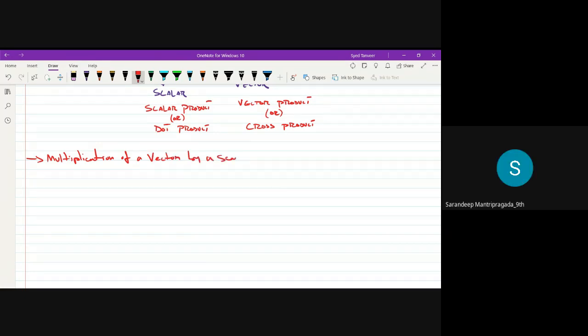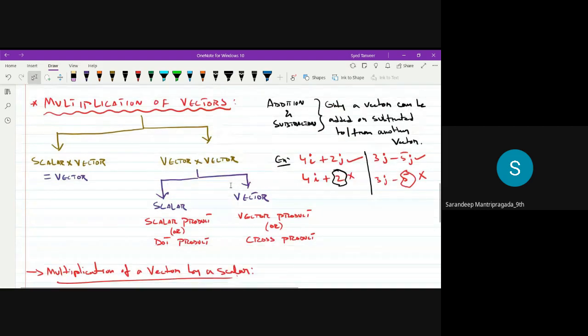Sir, can you scroll a little bit up? Okay, sir. Sir, I have a doubt. Could you give two situations where we need to multiply vectors? What is the practical use?